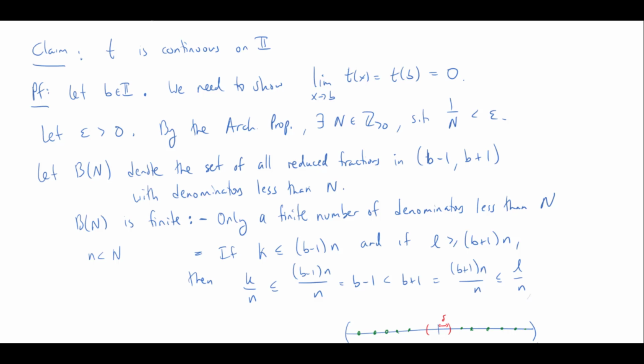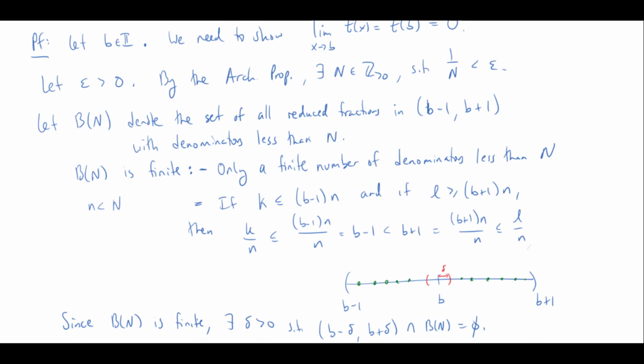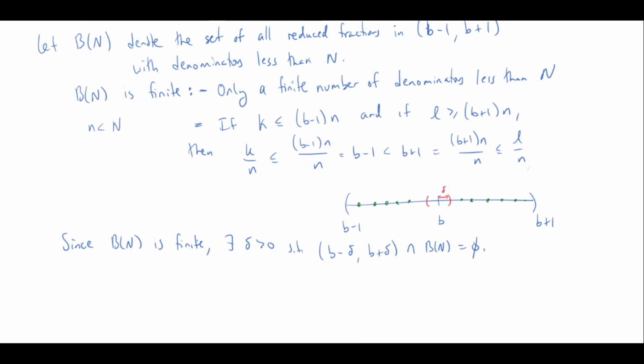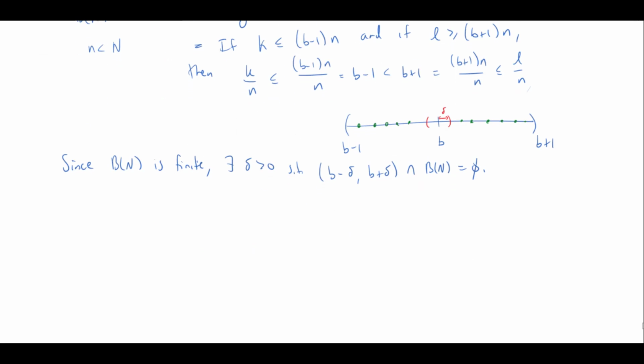So that means for all epsilon, I need to find a delta, such that if I apply t to this B coin, I end up in the 0 coin of radius epsilon. All right, well, so that means we need to apply t to everything in this interval.